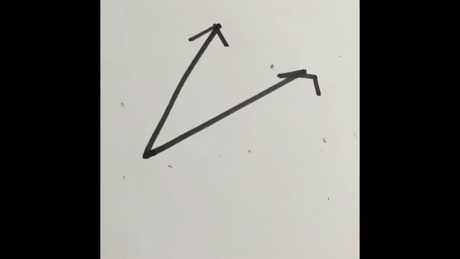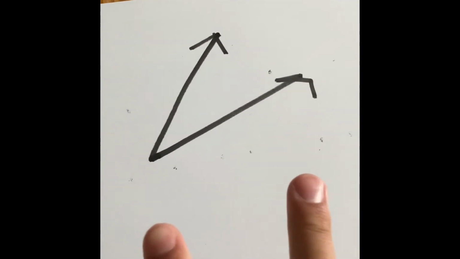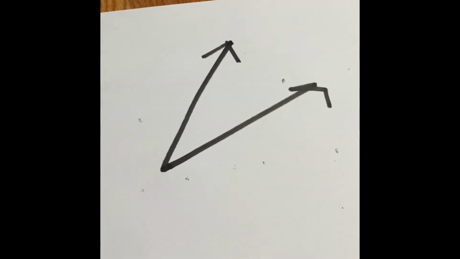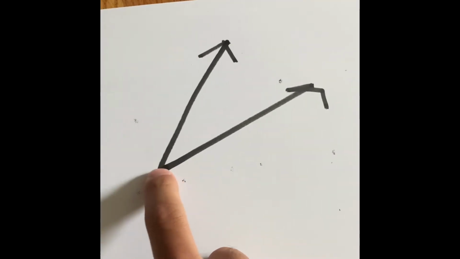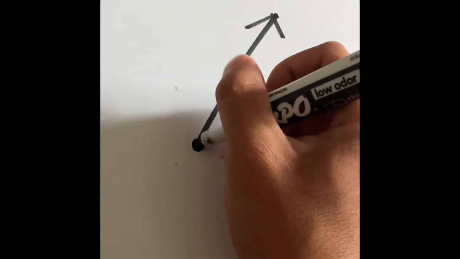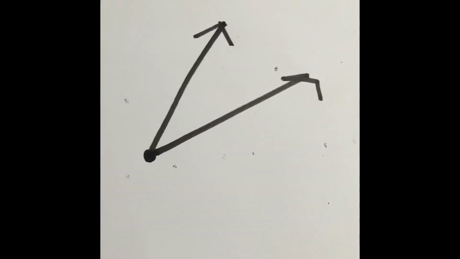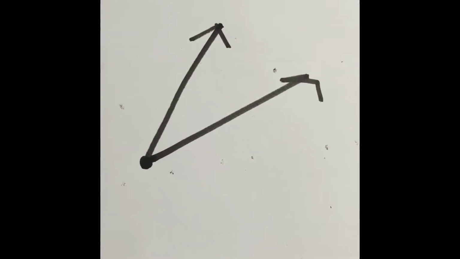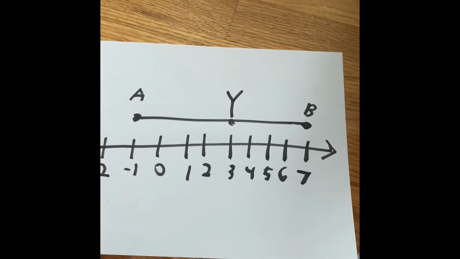Okay, so here is an angle. An angle is made up of two rays or two lines that have a common endpoint. That endpoint can also be called the vertex. We are not trying to figure out how long the two lines are like the previous one.